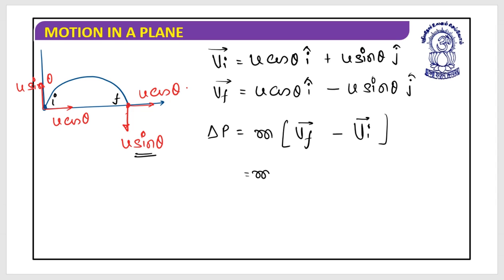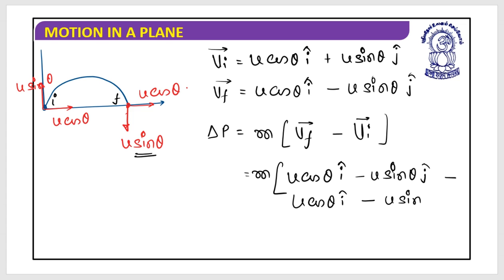So if I execute vf minus vi, it is u cos theta i cap minus u sin theta j cap minus u cos theta i cap minus u sin theta j cap. The u cos theta i cap terms cancel, and delta p is equal to minus 2 into m into u sin theta j cap.